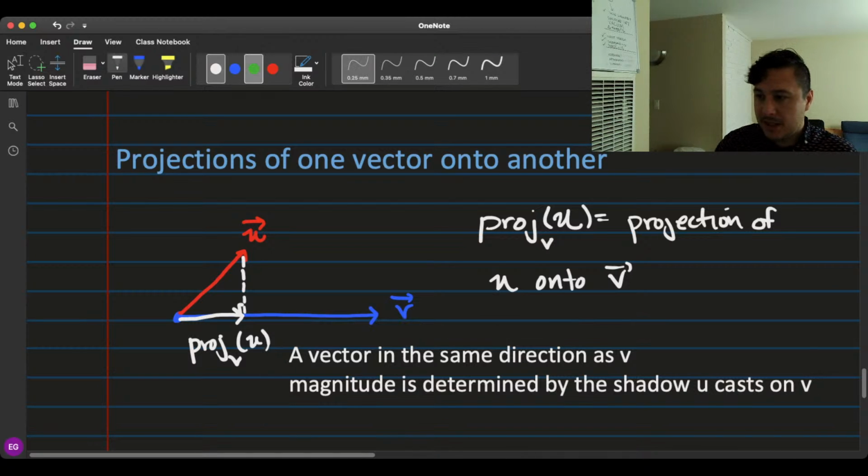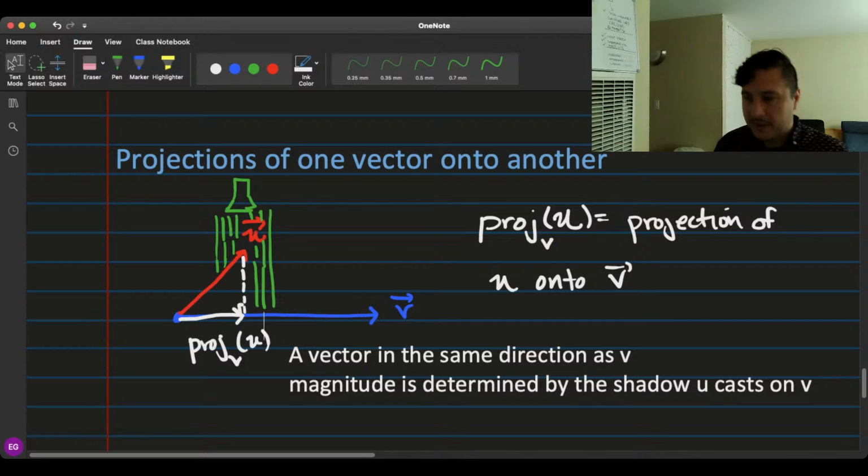Like if you imagine you've got a little flashlight right here. Does it make sense? The light would come down. Do you see how the light would hit here? All of those rays of light would go there, so the white part would be the shadow.